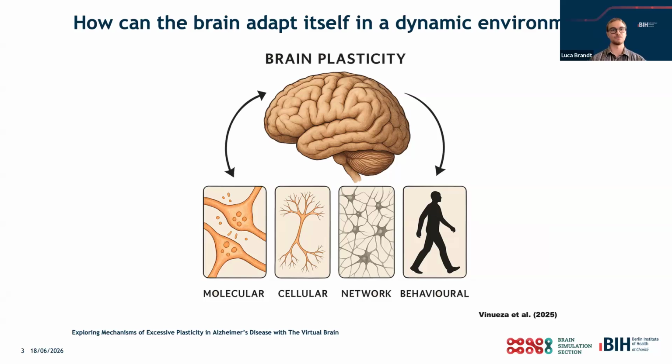Plasticity comes from plastic, so formable, and it's the ability of the brain to reorganize its connections in response to experience. These plastic changes occur on many different scales, from the molecular side, where there are receptor dynamics and even genes regulating plasticity, up to the cellular level, which defines how synapses and neuronal connections rewire and change, up to the networks, forming distinct functional networks.